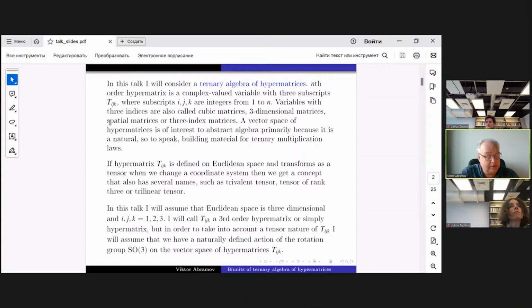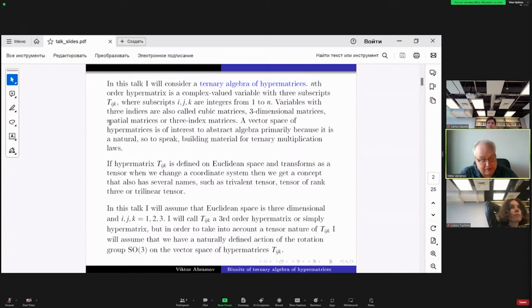In this case, when I change a coordinate system in Euclidean space, I will consider this hypermatrix as an SO3 tensor. So it will transform under the action of the rotation group. The Euclidean space will be three-dimensional, so all subscripts run from 1 to 3, and this I will call the third order hypermatrix, or simply hypermatrix.